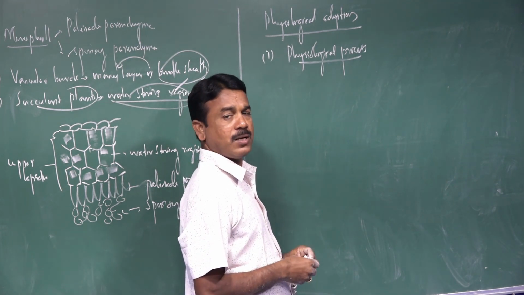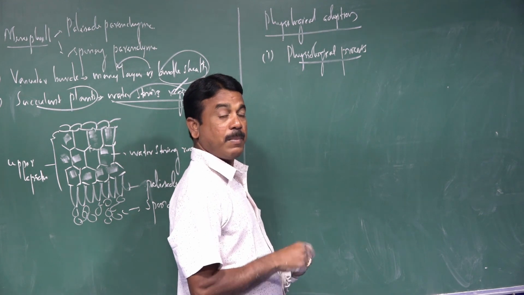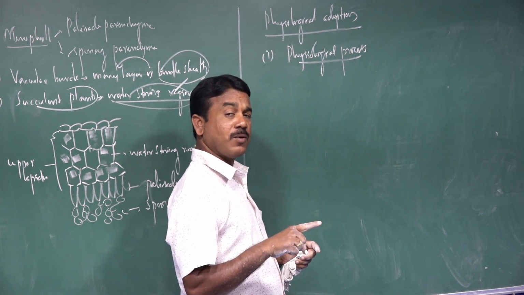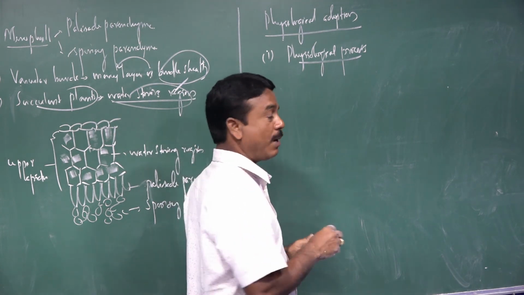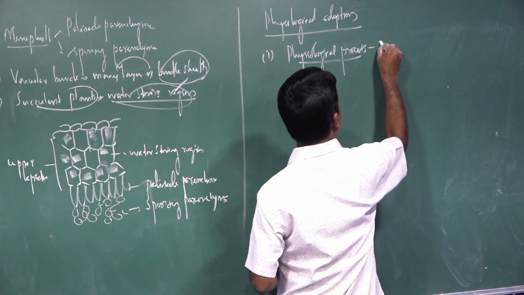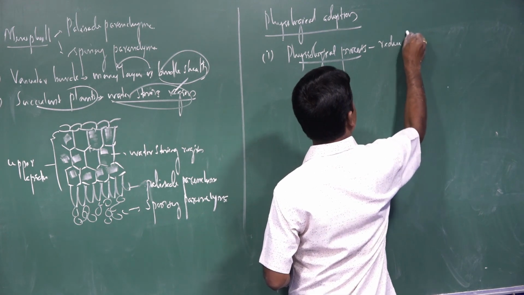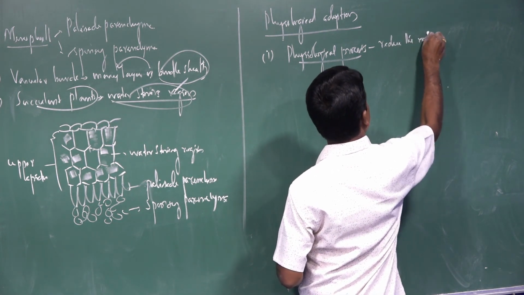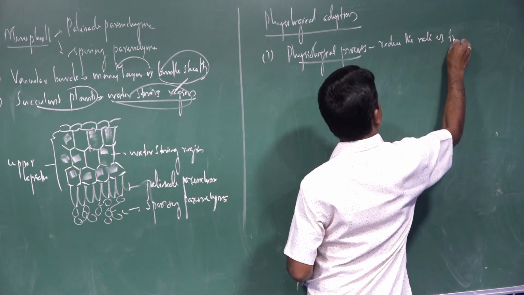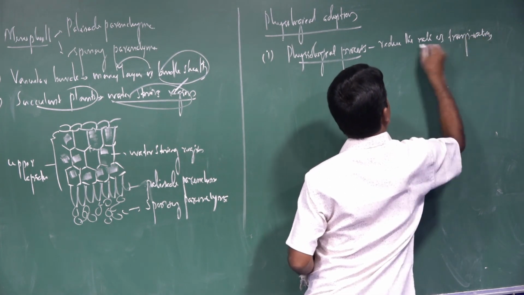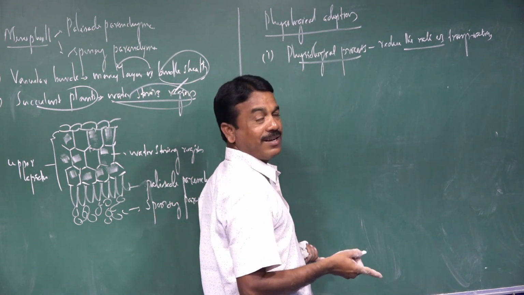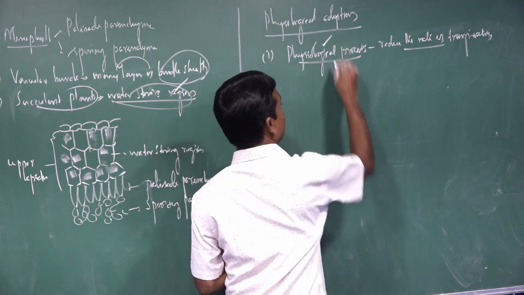These are commonly called physiological processes. But most of the physiological processes are designed or regulated to reduce the rate of transpiration. So the rate of transpiration designs or regulates the rate of physiological processes.